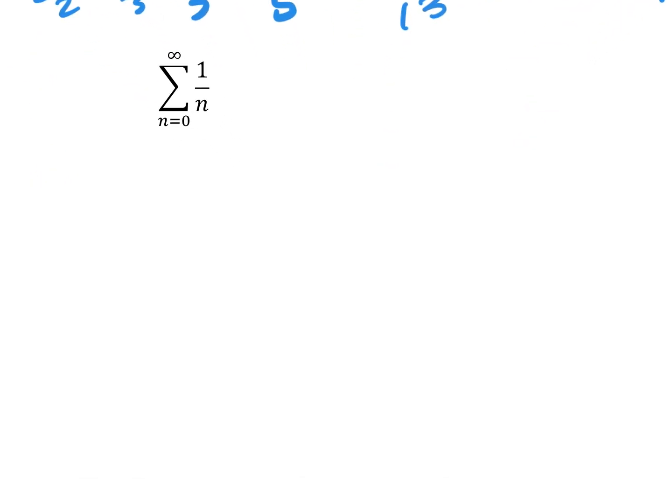So now for this one, if we want to check, does it diverge by the nth term test? We say, well, what is the limit as n approaches infinity of 1 over n? Zero. So it will converge. No.